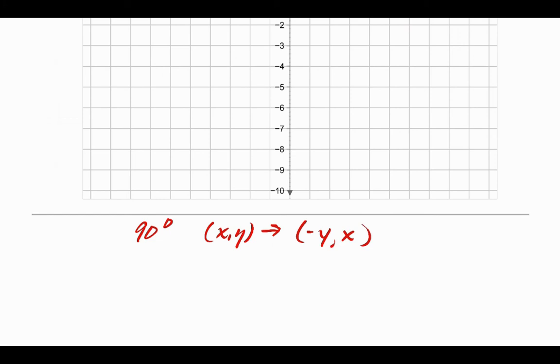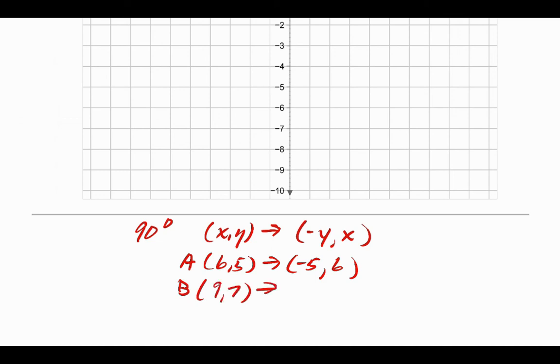So knowing that, our A, which we just had, was 6 and 5. Again, our y we're going to make negative, and our x stays the same, and we flipped it. For B, we have 9 and 7.